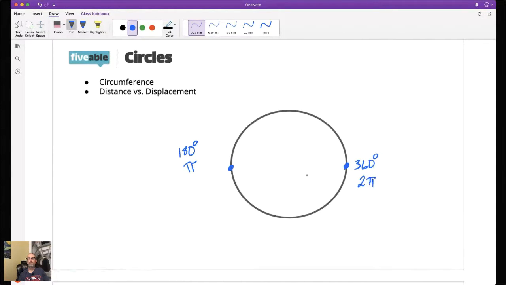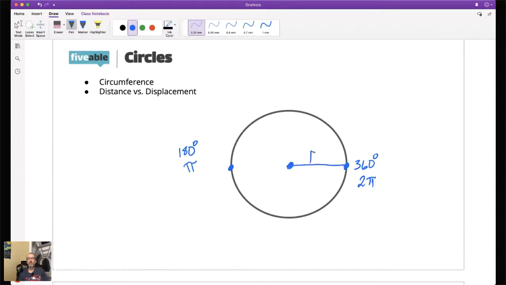So some people make jokes about that. They say if you go all the way around, come back and meet yourself again, it is pi or not 2 pi. So you can kind of think of it that way too. But what we want to know is the distance all the way around. So to do that, here is 2 pi, and we also can then take this, and what do we call this?